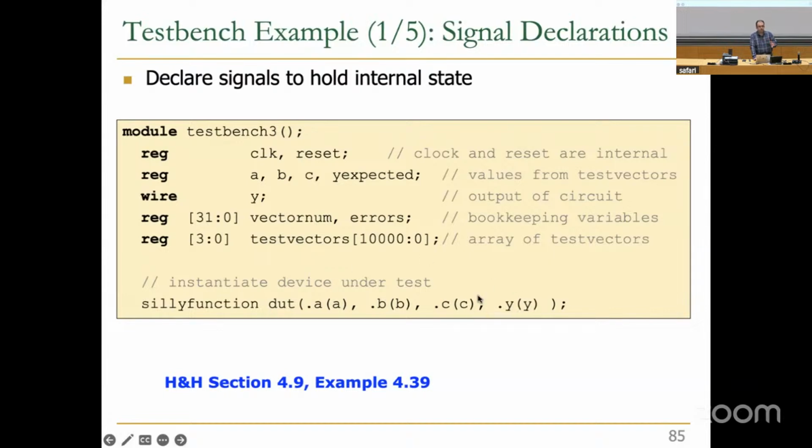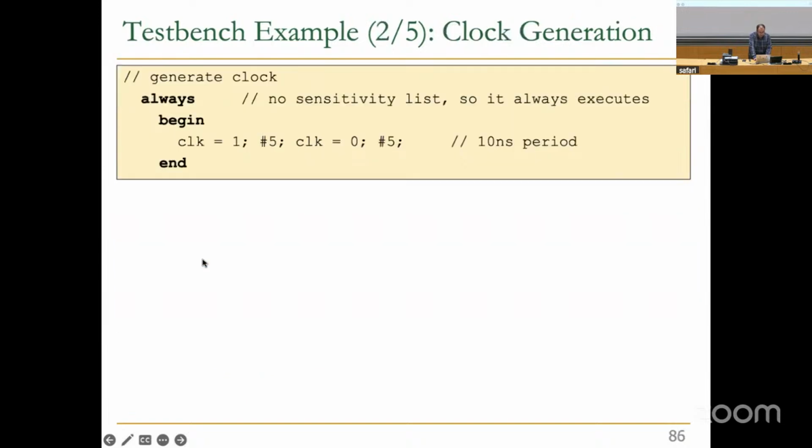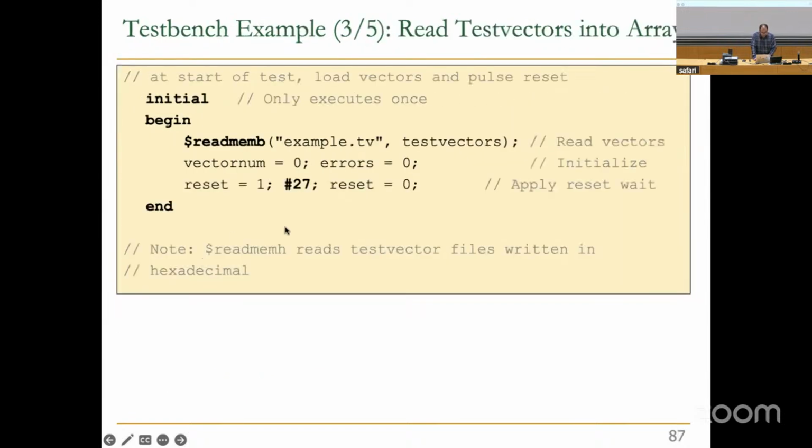So that's why we have 4 bits for each element of this test vector. So you open this file and read into your test vectors. You also reset the initial vector number to 0, meaning that you want to start your test from 0, and the number of errors that you have observed so far you reset to 0. And then you also reset the system, and then you wait.